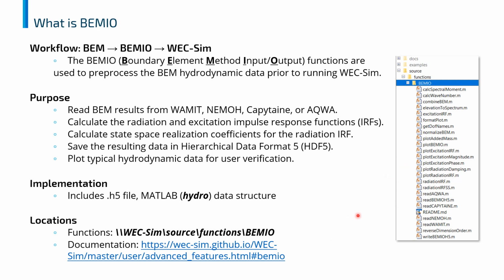We're going to talk about some of these functions, and we're going to give you some examples as well. For the documentation for BEMIO, you can go to this web page. It is the main WEC Sim documentation web page, and then if you go to advanced features, you can find all the information for BEMIO.